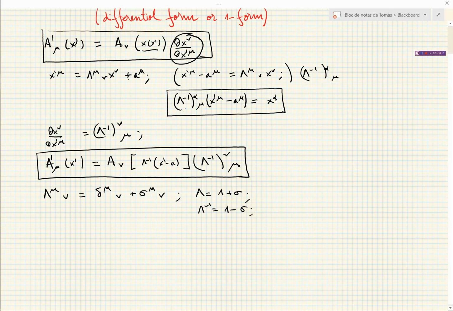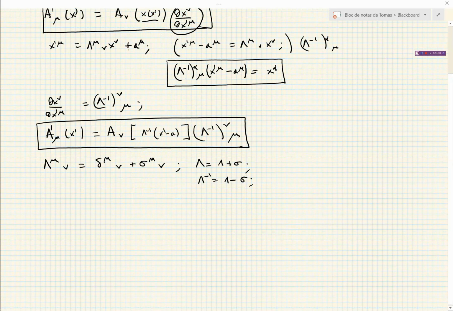If you multiply one by the other, you get 1 minus sigma squared, but to the first order in sigma, this is just 1. So we want to write this in components. Lambda minus 1 mu nu is equal to delta mu nu minus sigma mu nu.